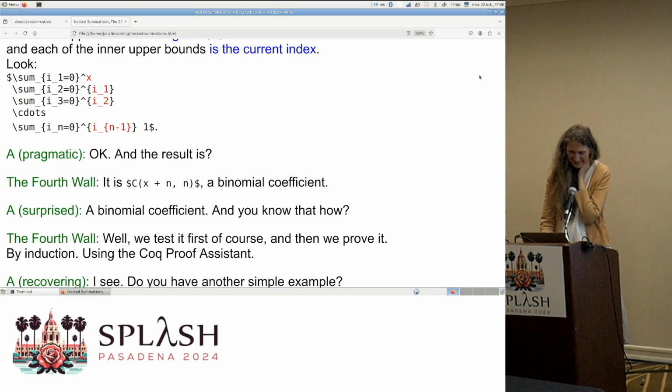Sum of i1 equals 0 to x. Sum of i2 equals 0 to i1. Sum of i3 equals 0 to i2. And so on up to sum of in equals 0 up to in minus 1 of 1.